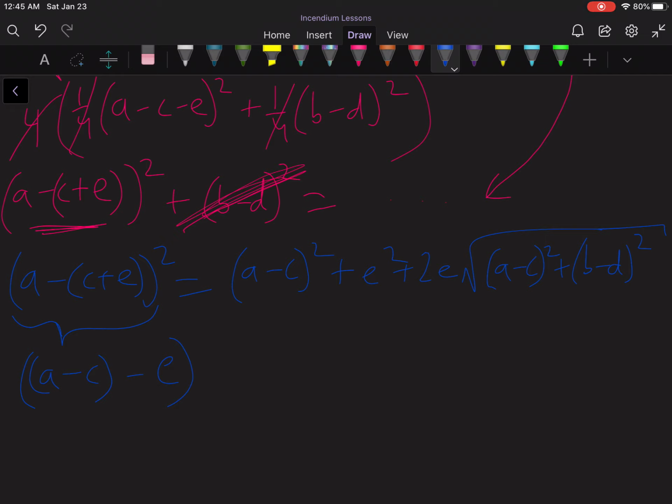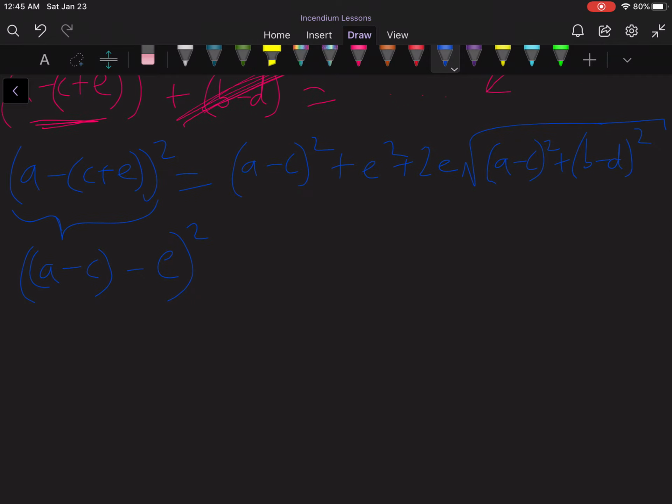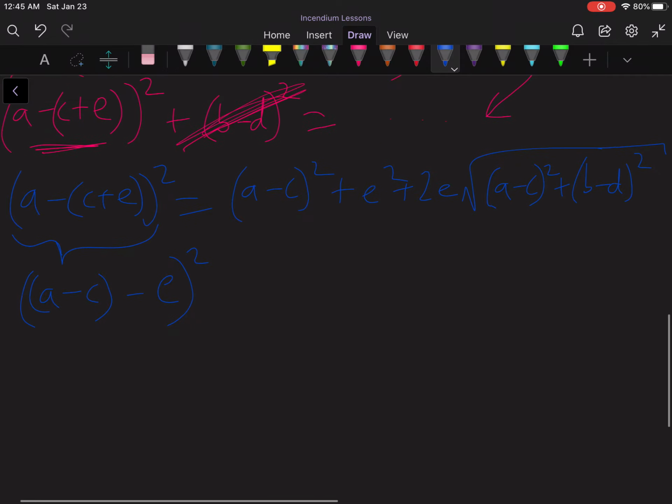A minus c in brackets minus e, it's the exact same thing, squared. Actually, I feel like this might work much better than the initial solution I had in mind. Because if we expand this out, what we get is a minus c squared minus 2e times a minus c plus e squared. And equals all of this stuff.